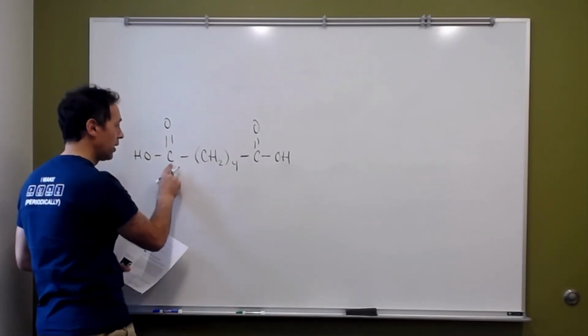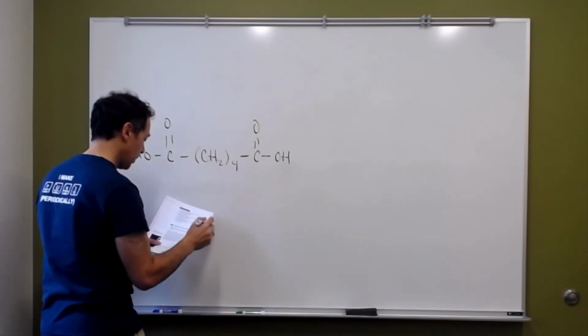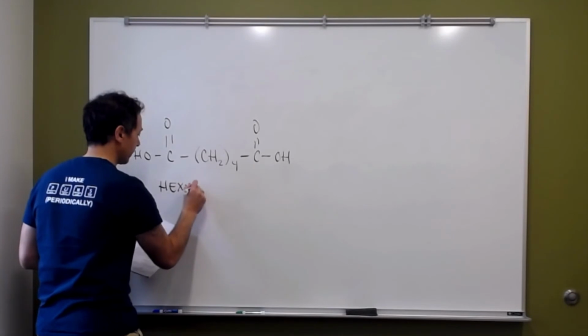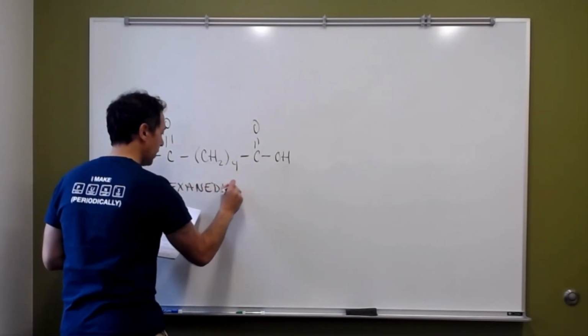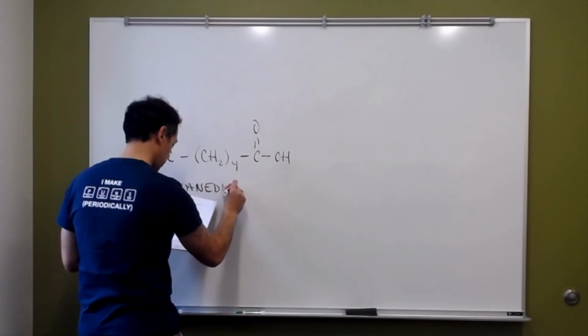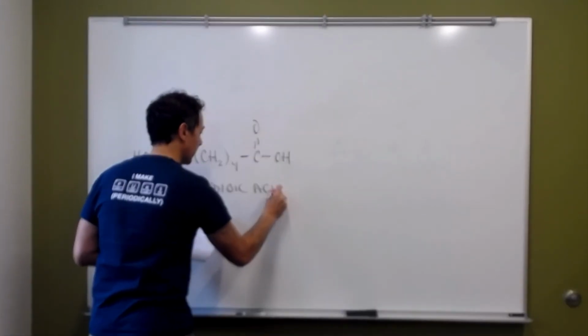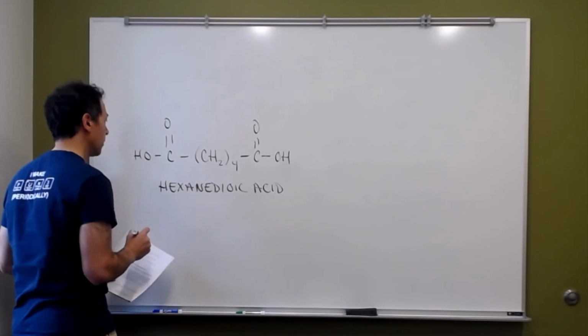And there's 1, 2, plus 4 carbons in here, okay? So this becomes hexane dioic acid, okay? Hexane dioic acid, all right, good.